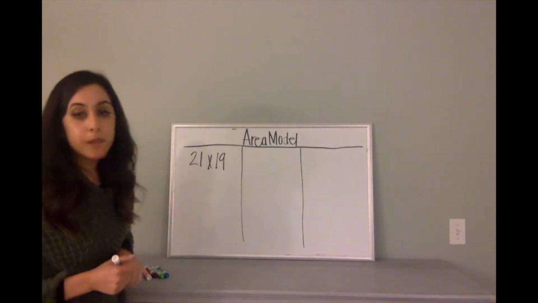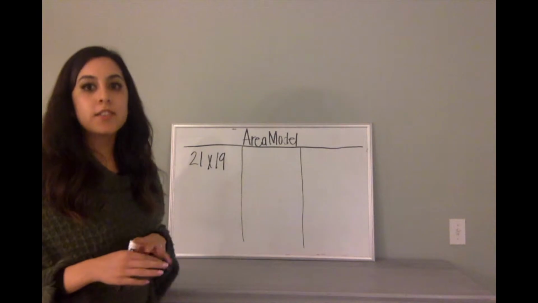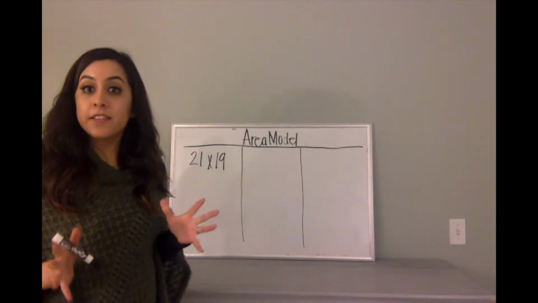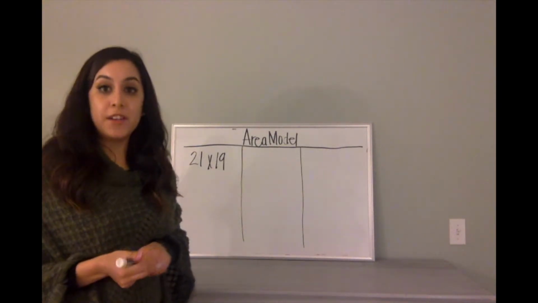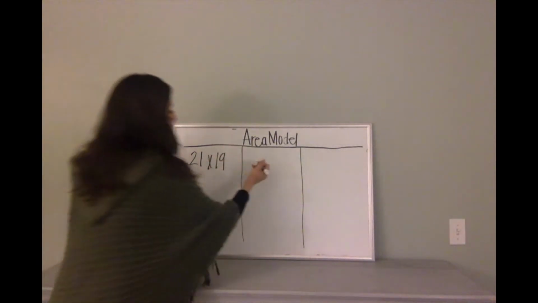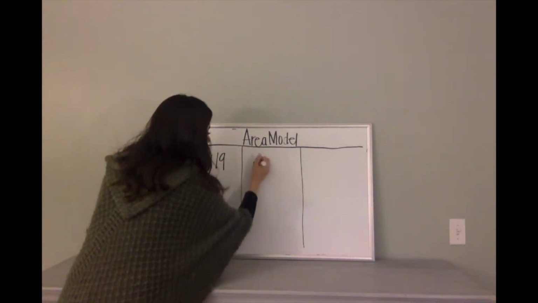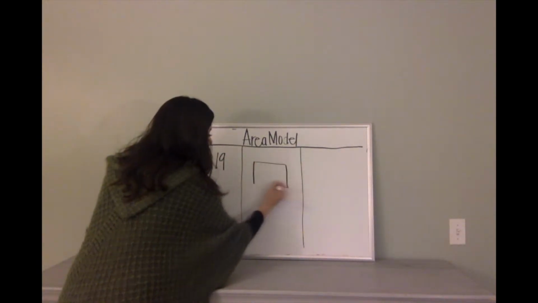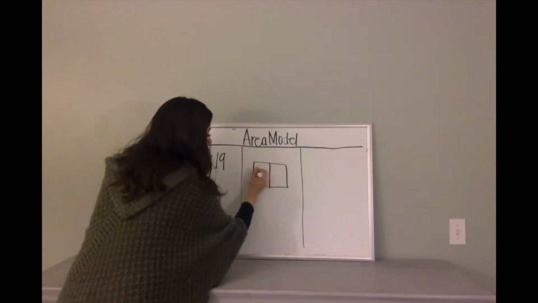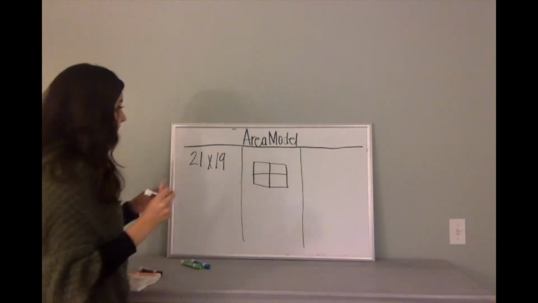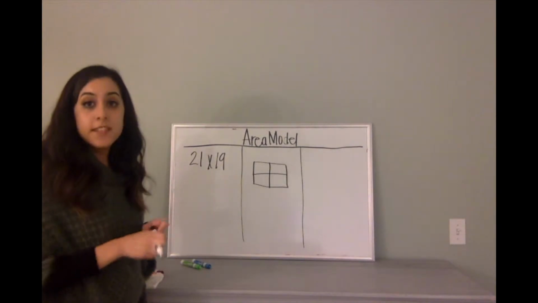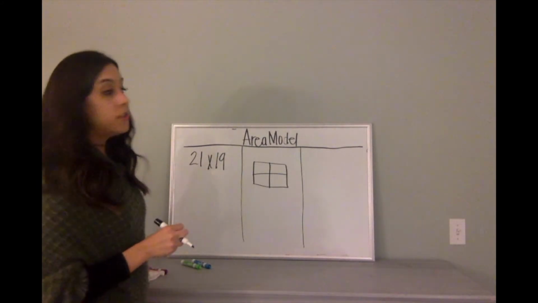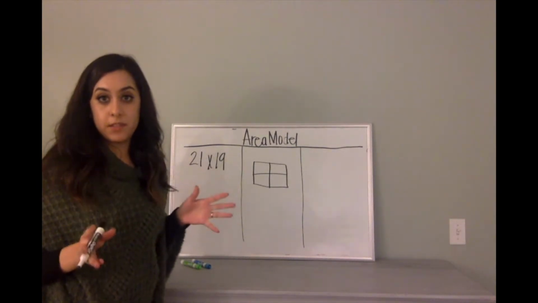So in order to multiply using the area model, I always tell you guys to remember that it looks kind of like a window. So we're going to draw our area model here. Okay, we're going to make 4 squares. Now, the first thing that I want to do is break them apart into the tens and the ones place.